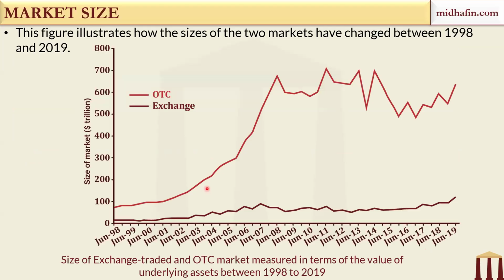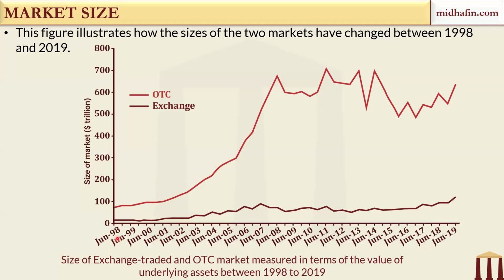So you can see the changes in the market size of derivatives over time. If you want to analyze this carefully, there is very massive growth in OTC as compared to exchange traded between 1998 and 2019.